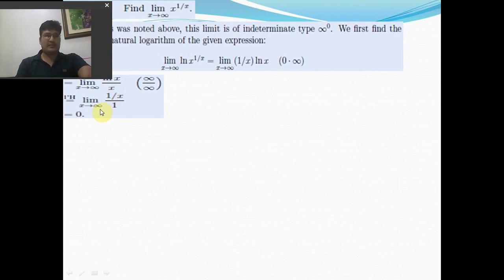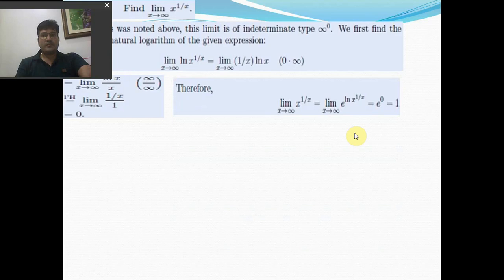Now put the limit x is equal to infinity and check whether we are obtaining finite or infinite value. So if we are putting x is equal to infinity in 1 upon x, we obtain 0, which is a finite value. So we get the value limit extending to infinity, log x raised to the power 1 upon x is 0, that is x raised to the power 1 upon x is e raised to the power 0, that is 1.